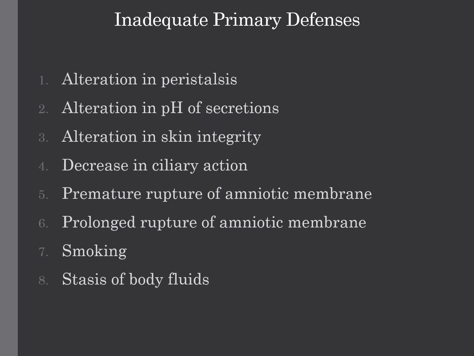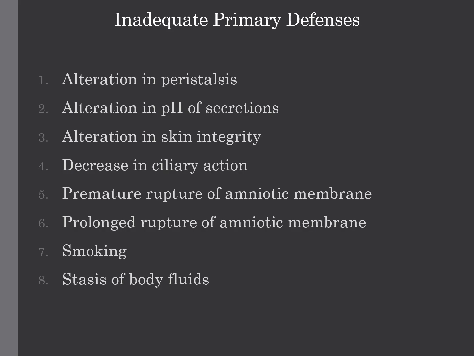All right, so now let's look at some direct related factors, which are the causative aspect of the nursing diagnosis. So we have a broad heading, which is inadequate primary defenses.